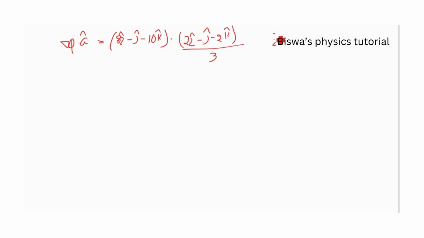As we know, i cap dot i cap is equal to 1, but i cap dot j cap or i cap dot k cap is equal to 0.